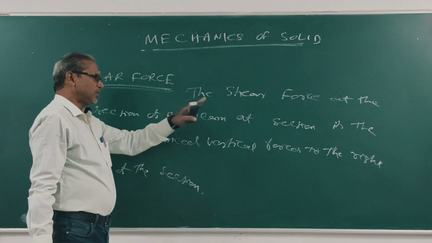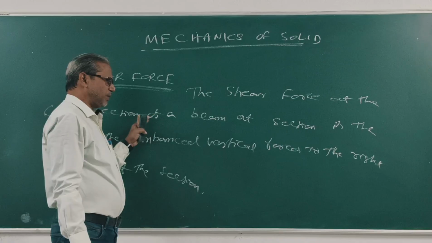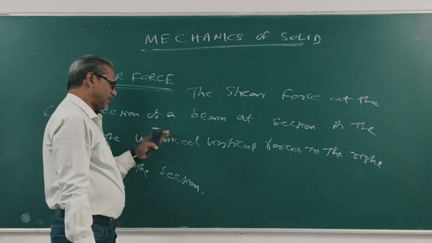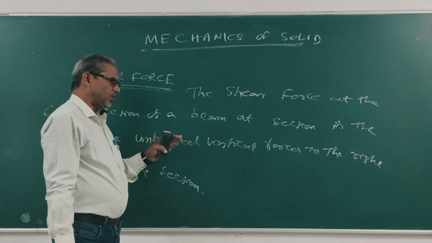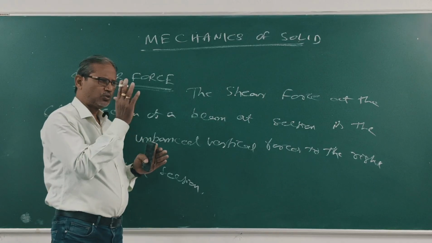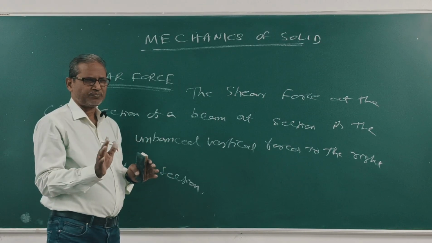Clear? The shear force at the cross section of a beam at a section is the sum of the unbalanced vertical force to the left or right of the section.